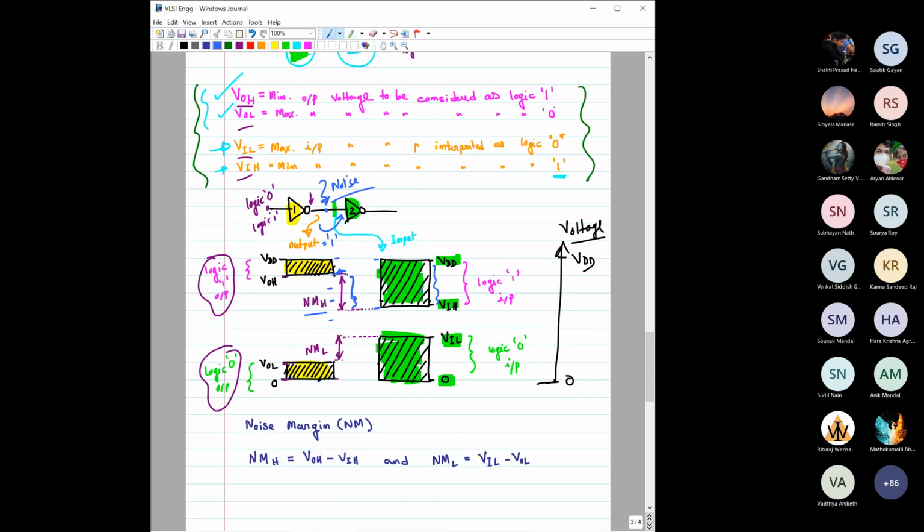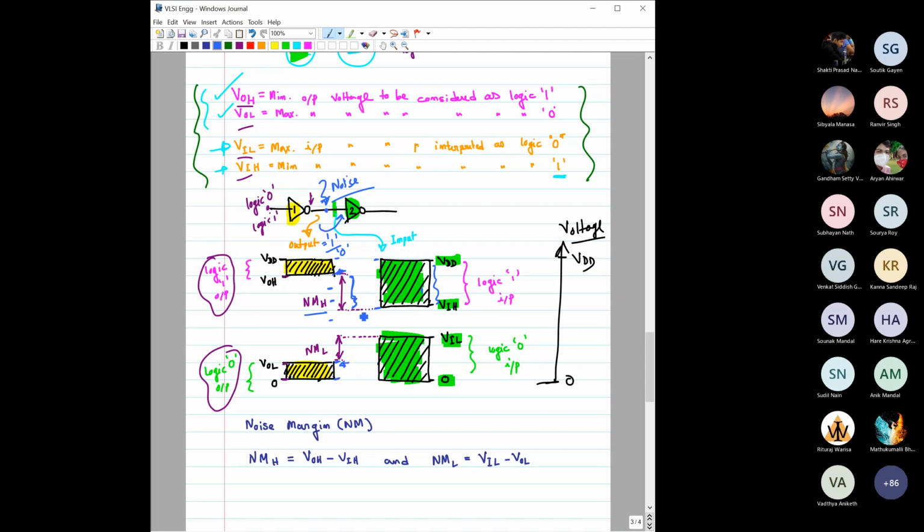On the same token and the same analogy, we can also say, if instead of the output being 1, the output was 0 earlier, then the valid range of this output is this much. Say the output is at the maximum only, this level.